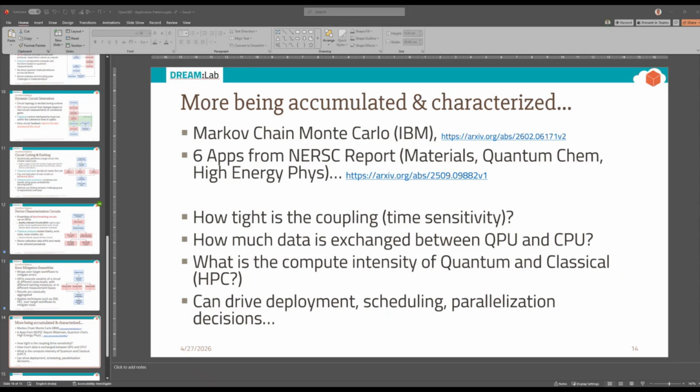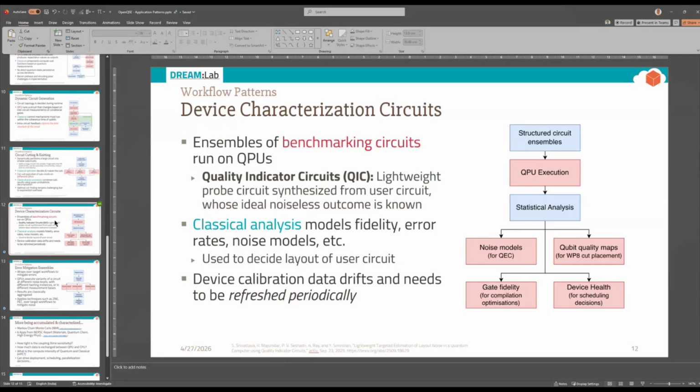Just want to mention that when we are thinking about distributed quantum computing, we need to think about the kind of distributions motivated by the problem space.